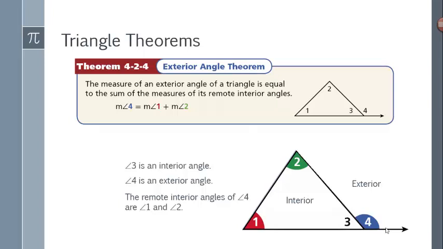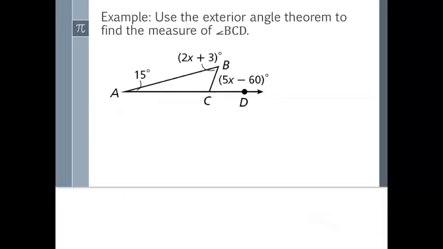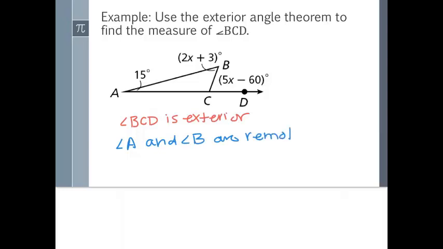Let's take an example of the exterior angle theorem. The exterior angle is equal to the sum of the remote interior angles. In this case, angle BCD is the exterior angle, and angles A and B are the remote interior angles.